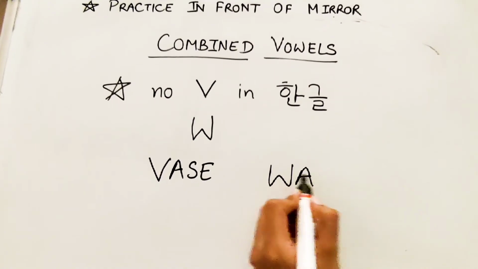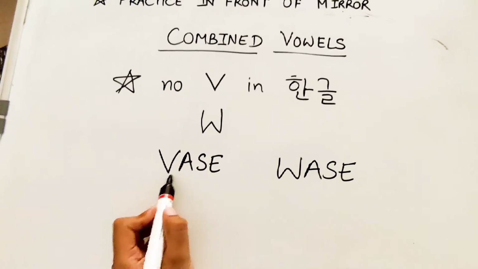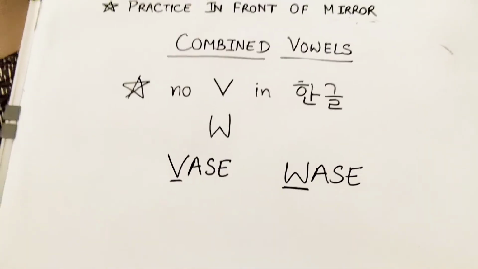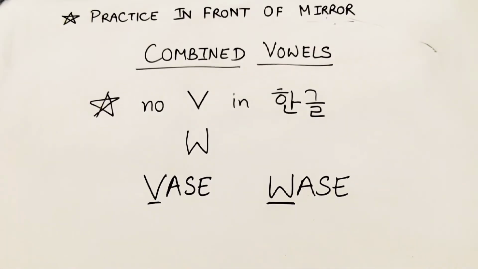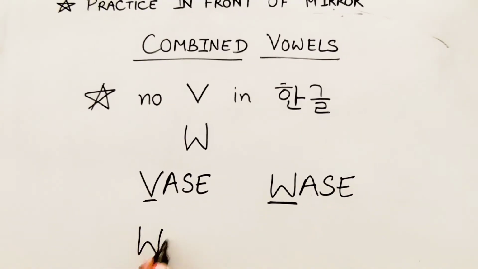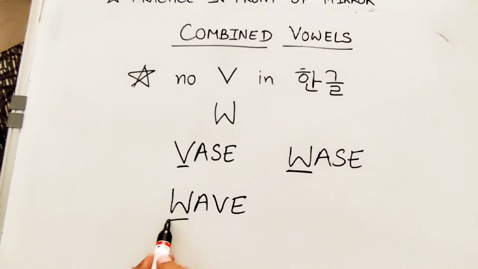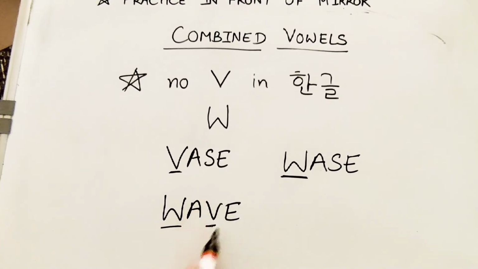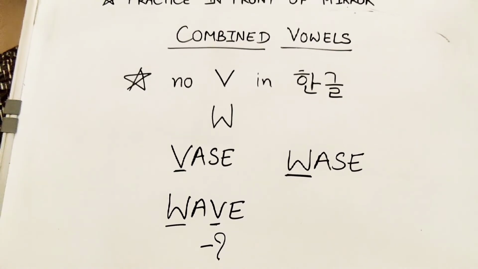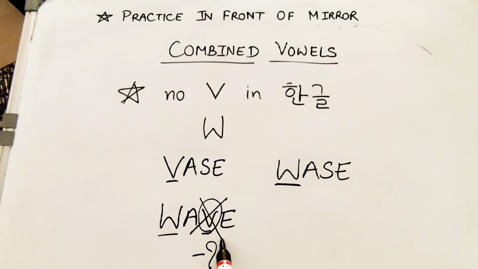For example, when you say "vas" or "vase", however you may pronounce it, in English, in Korean you are going to say it "wase". Did you notice the difference when I said "vas" and "wase"? Similarly, in this word, "wave", it has both W and V. How do we do this?